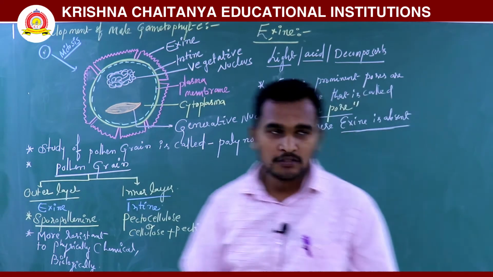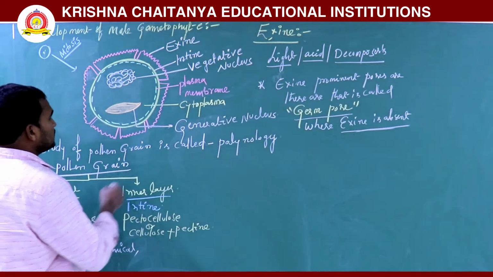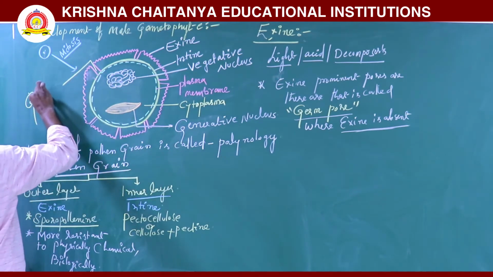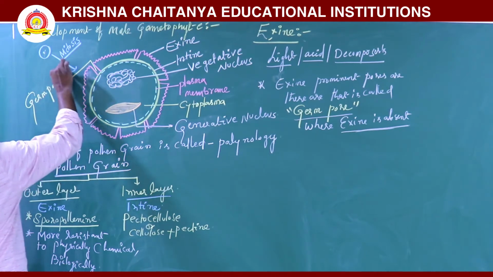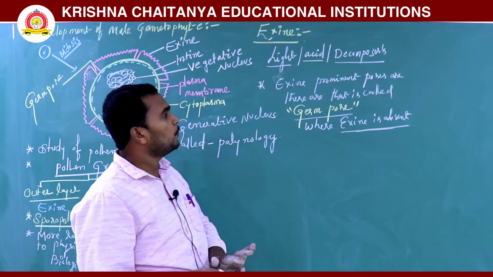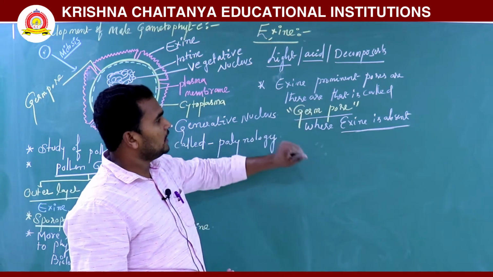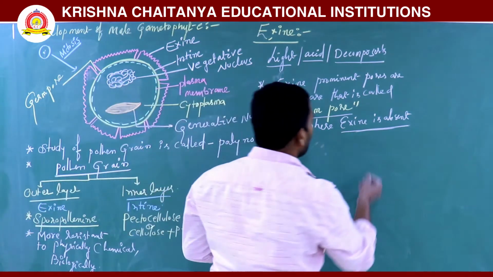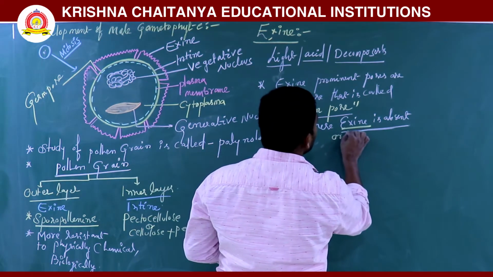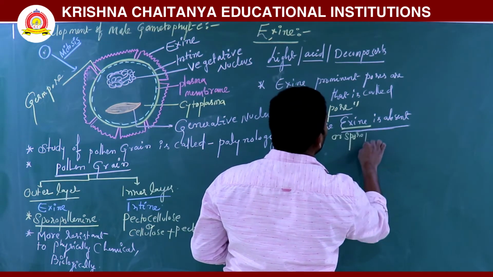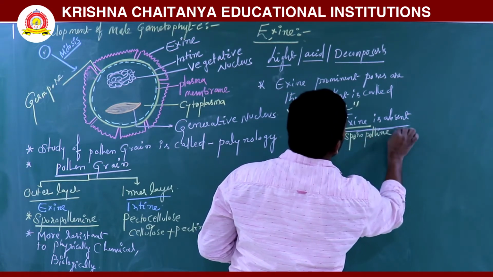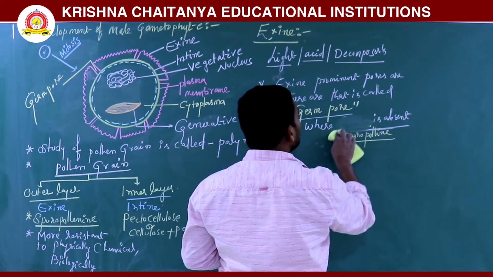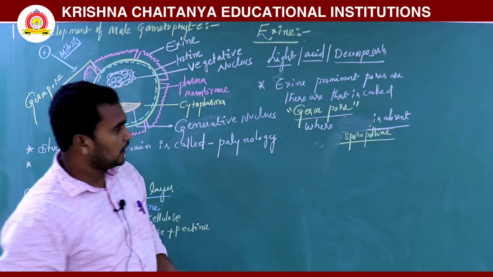So see here, this is called a germ pore. Where sporopollenin is absent, in that region, here we are discussing that the exine is absent.